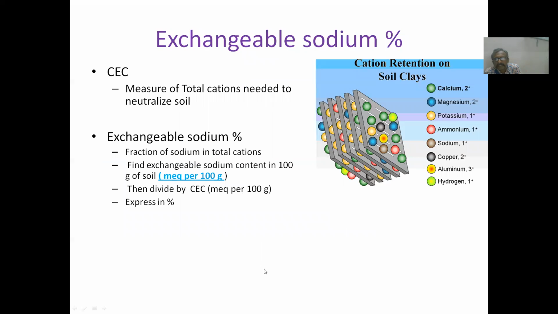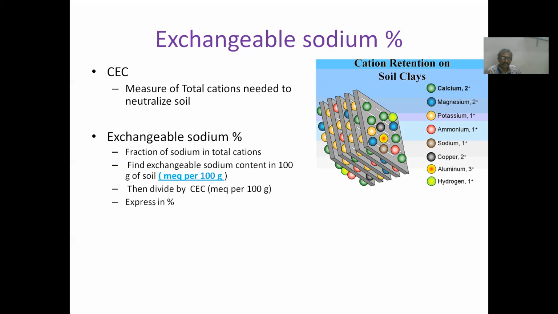Next concept is exchangeable sodium percent. We have already seen that cation exchange capacity is a measure of total cations needed to neutralize 100 grams of soil. What is exchangeable sodium percent? It is the fraction of sodium content in total cations.